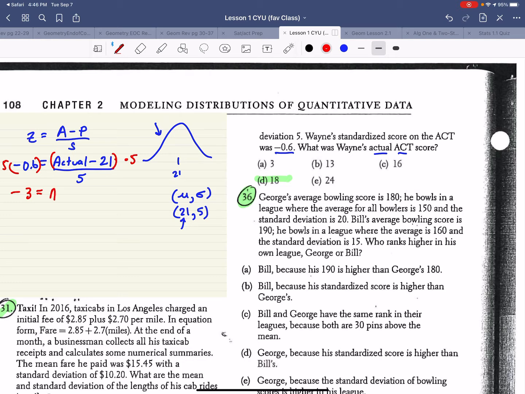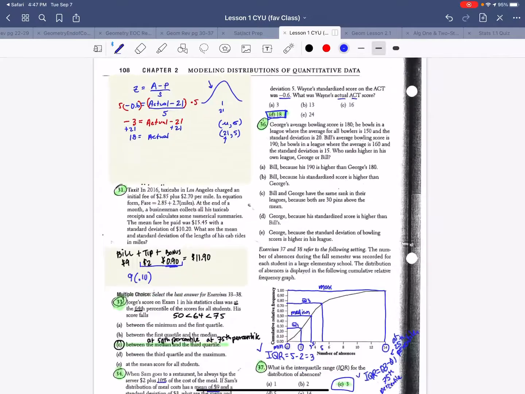And so his actual score would be, what is that, 18? And that's the score. So we need to show our work here because just circling our answer definitely doesn't do the trick.